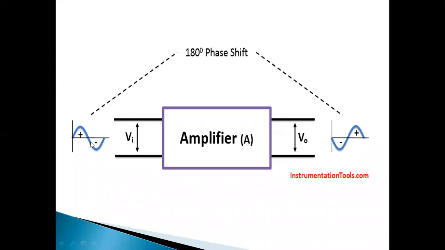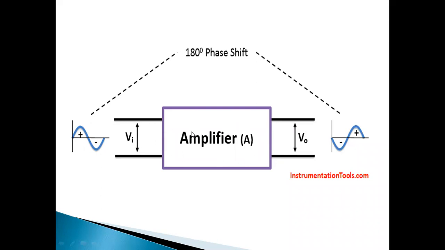If the waveform is changed into this form, then we can say that the amplifier provides 180 degrees phase shift, because the phase difference between these two waveforms is 180 degrees. So if you take an inverting amplifier, it inverts the input signal, giving a negative going signal. There is a phase difference of 180 degrees between the input and output signal.